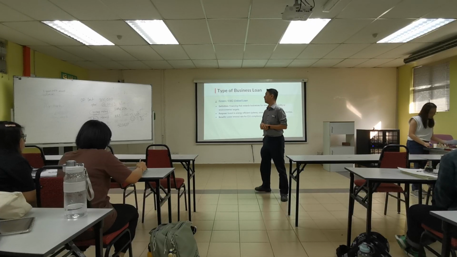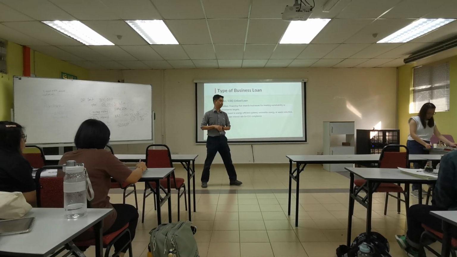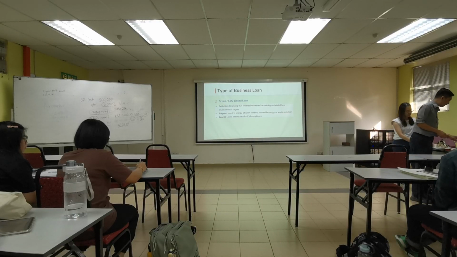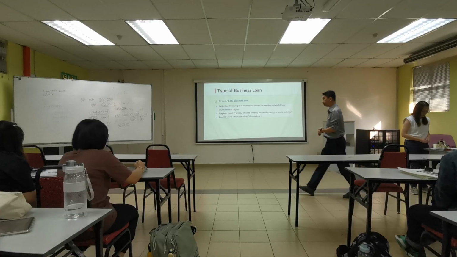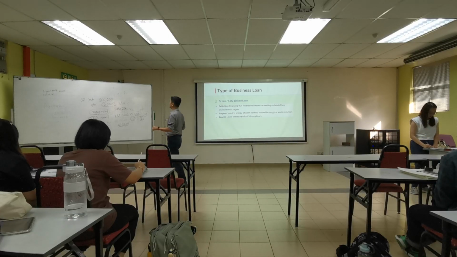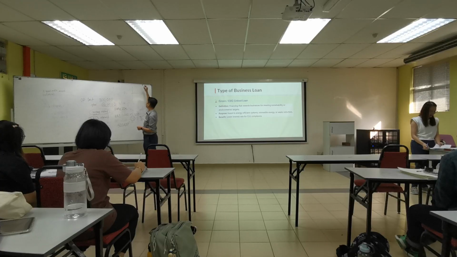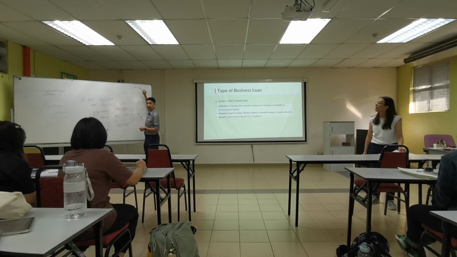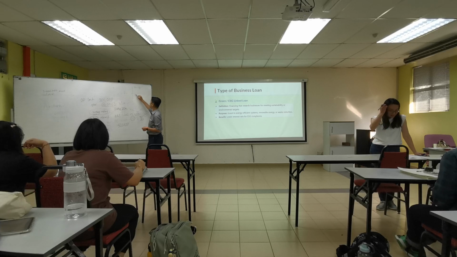Do you still remember when we learned about the balance sheet? Where does the money come from and where does the money go? Remember now? Balance sheet, shareholder equity. Here, the loan.